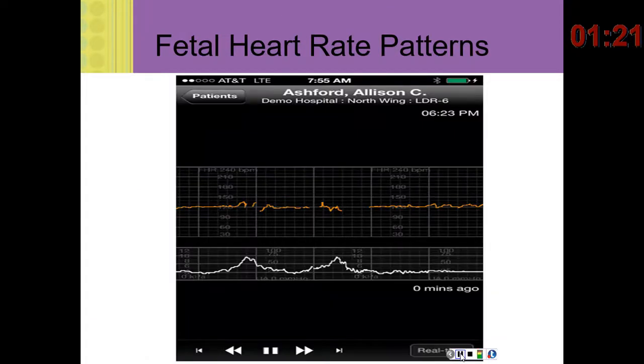And this is actually a real-time strip on a mobile phone. In the olden days, if we were worried about a strip, we would have to call the doctor in, and the doctor would have to look at the strip and interpret it and get mad if they didn't think it was anything.